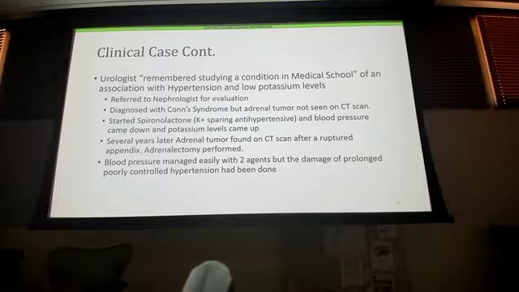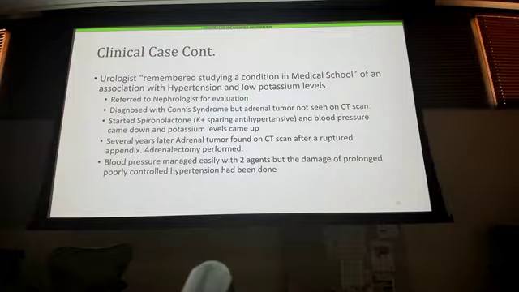And they ended up diagnosing this patient with Conn syndrome, which we're going to talk about tomorrow, which is a secondary form of hypertension. They couldn't find where the tumor was right away that was causing this hypersecretion of aldosterone. So they ended up putting her on spironolactone, which we talked about, and it actually caused the best reduction in her blood pressure.